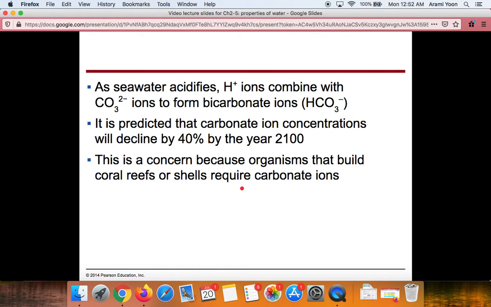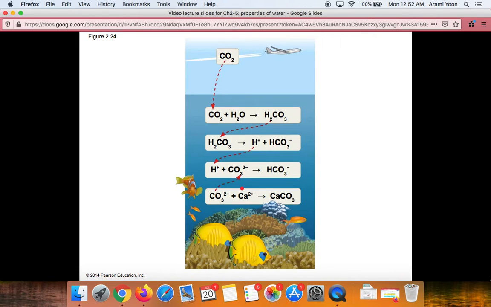Here's why that's significant. A great example of a buffer system in action is ocean water. Here you have a plane shooting across the sky, and as the plane runs, it's going to release massive amounts of carbon dioxide into the atmosphere. The carbon dioxide will actually get absorbed into the water.